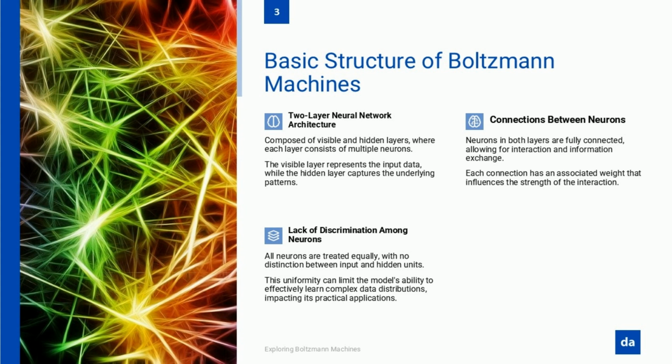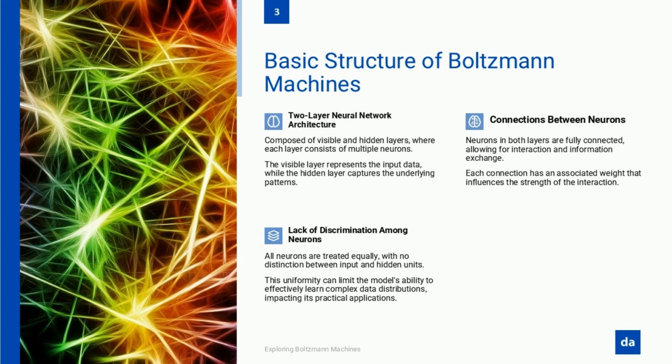What makes Boltzmann machines truly unique is the way they learn. Every connection between neurons has a weight, and these weights determine the strength of interaction between them. The machine doesn't just memorize input like a rigid algorithm, it continuously updates these weights based on probabilities, refining its internal structure to better understand the data.